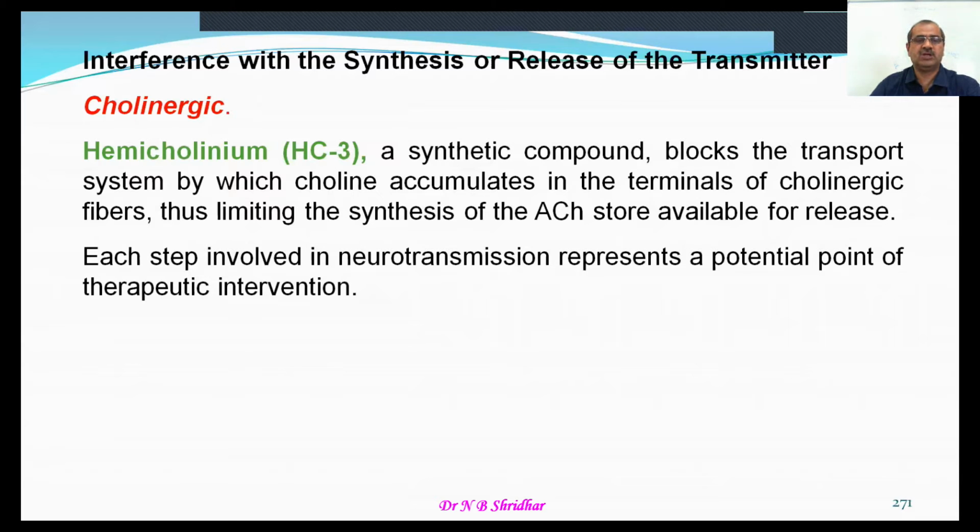Each step involved in neurotransmission represents a potential point of therapeutic intervention. As the steps become complicated, we have many steps to inhibit or exaggerate to get whatever pharmacological response we need.